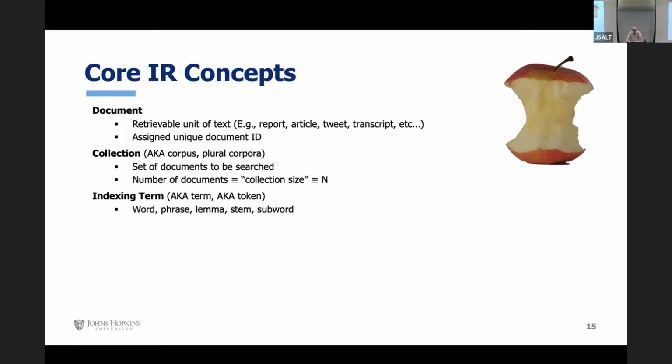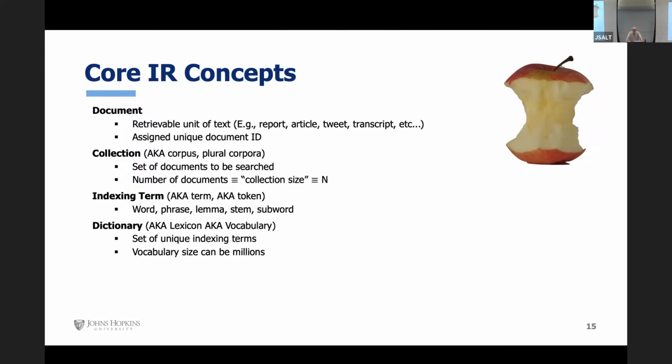An indexing term, also called just a term or a token, is some word, phrase, lemma, stem, or subword that you're using as the unit of expression for the meaning of the documents and the queries. Your dictionary, also called the lexicon or your vocabulary, is the set of term types that you have.